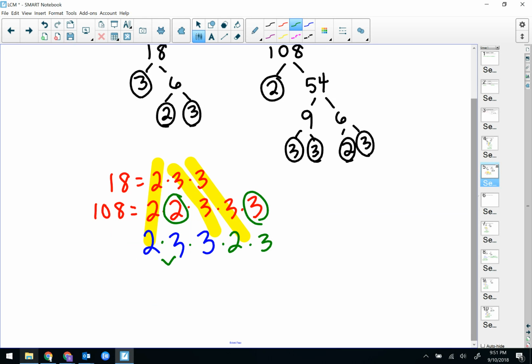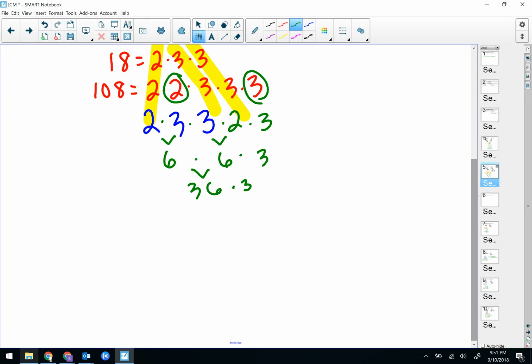Do 2 numbers at a time. 2 times 3 is 6. 3 times 2 is 6. Bring down that 3. 6 times 6 is 36. Bring down this 3. And then 36 times 3 is actually 108. So the LCM is 108.